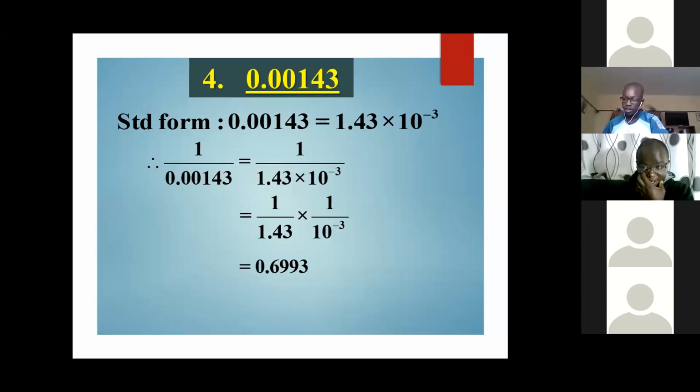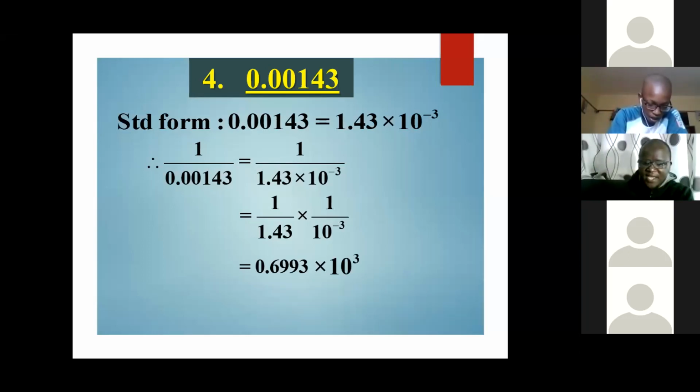That is okay. Now the reciprocal of 1 over 10 raised to power negative 3, using laws of indices, is 10 raised to power 3. 10 raised to power 3 is 1000, right? Yes.